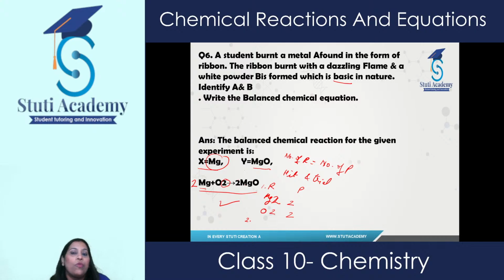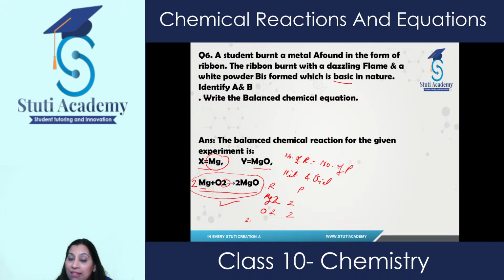And one more question can come. Okay, I'll ask you one question first of all. I have written this equation. Can you please tell me which type of reaction this is?